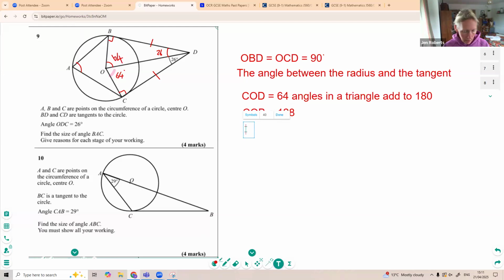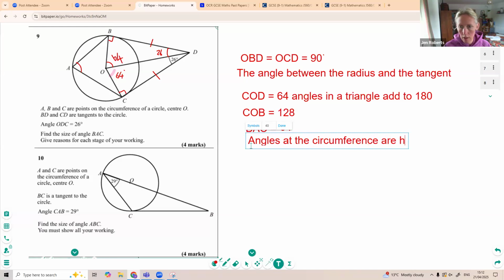And then we can say angle BAC is 64. And your reason is angles at the circumference are half angle at the center. Just change that a little bit.